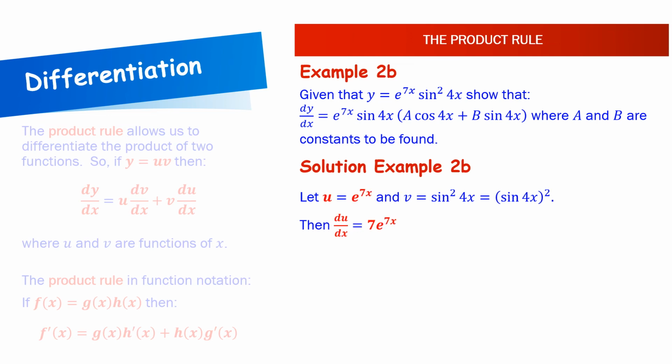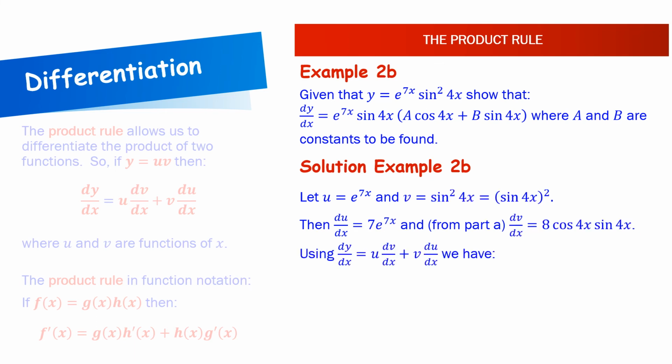So we have that du dx equals 7e to the power 7x, and from part A we have that dv dx equals 8 cos 4x times sine 4x. Using the product rule as shown, we have dy dx equals e to the power 7x times 8 cos 4x sine 4x plus sine 4x all squared times 7e to the power 7x.